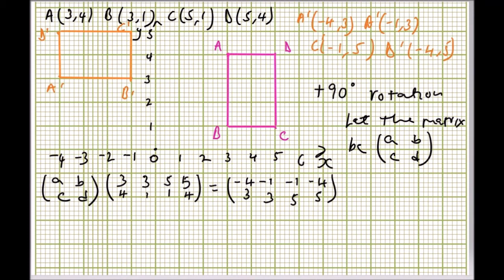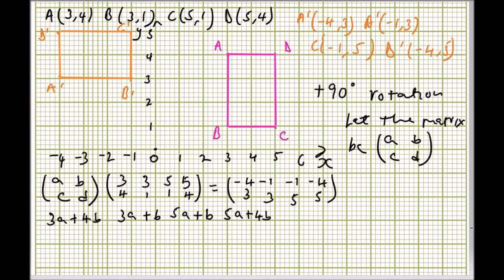So here, we multiply A by 3, that will give us 3A, and B multiplied by 4 gives 4B. So that is the first element. Then A multiplied by 3, we get 3A, plus B multiplied by 1, so that is B. Then A multiplied by 5 gives 5A plus B, and finally A multiplied by 5 gives 5A plus B multiplied by 4, 4B.